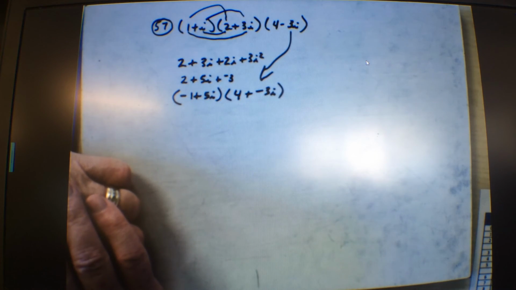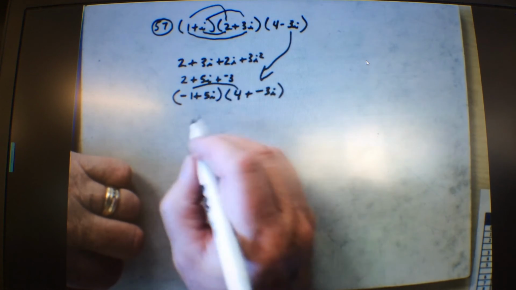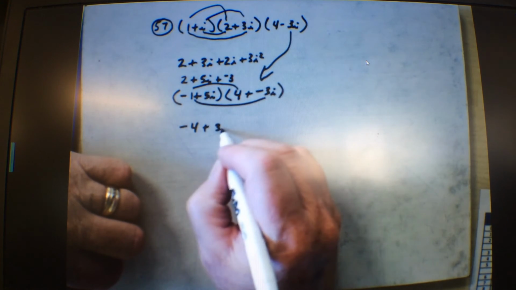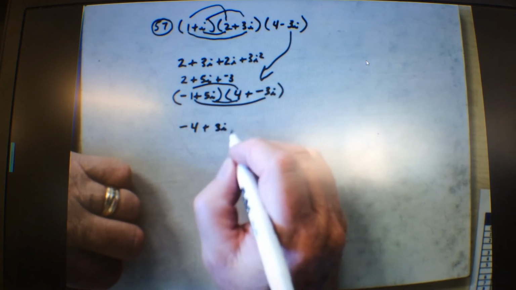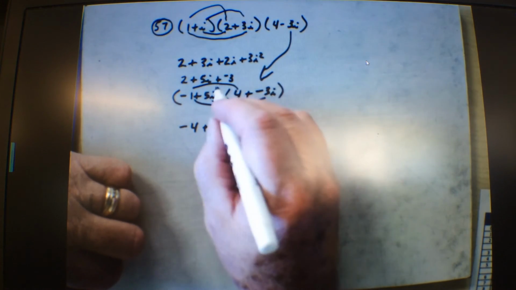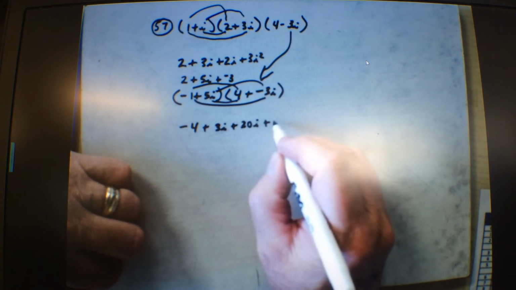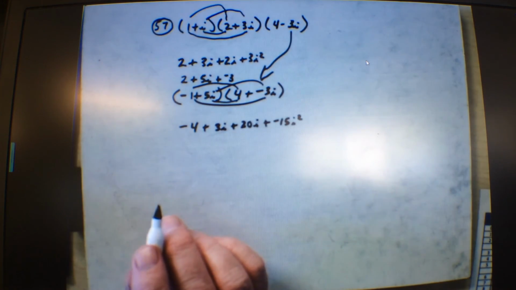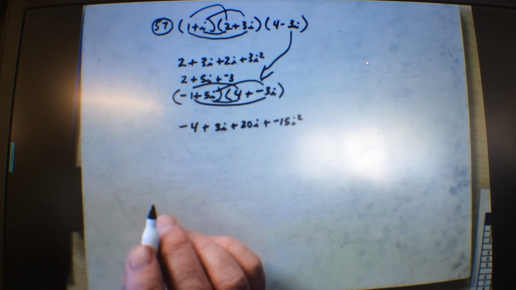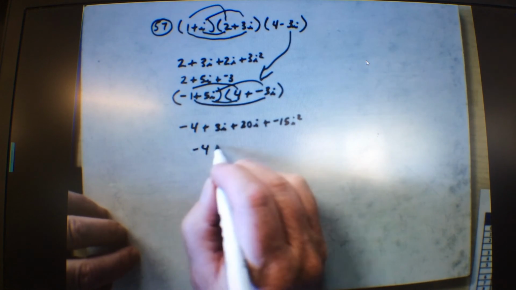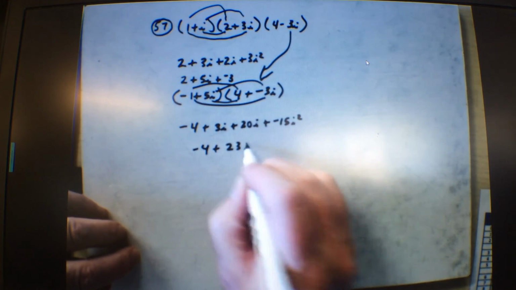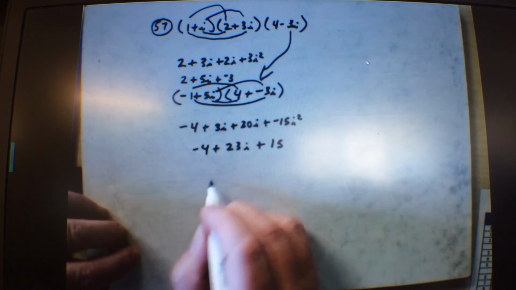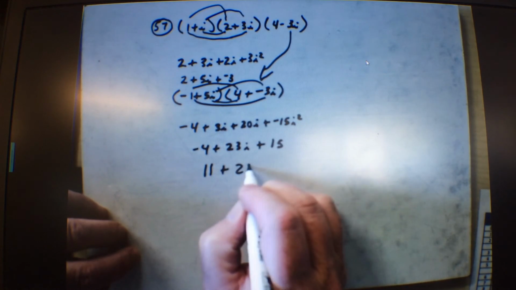So we go a negative 4 plus positive 3i, is that correct? Plus 20i plus a negative 15i squared. So, a negative 4 plus 23i plus 15 times a negative 1 is a positive 15. So I'm getting 11 plus 23i.